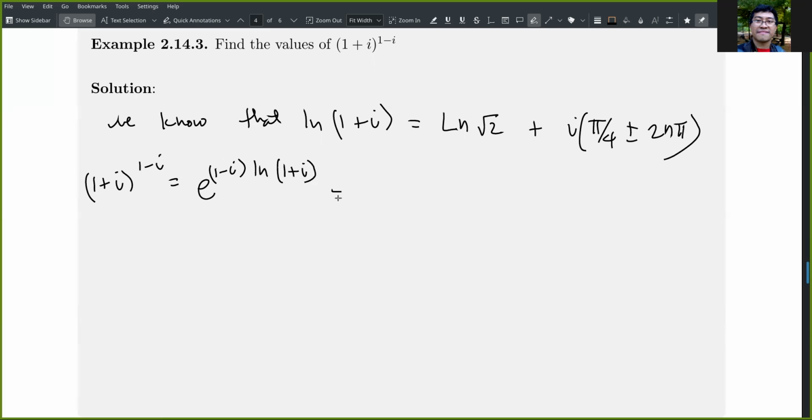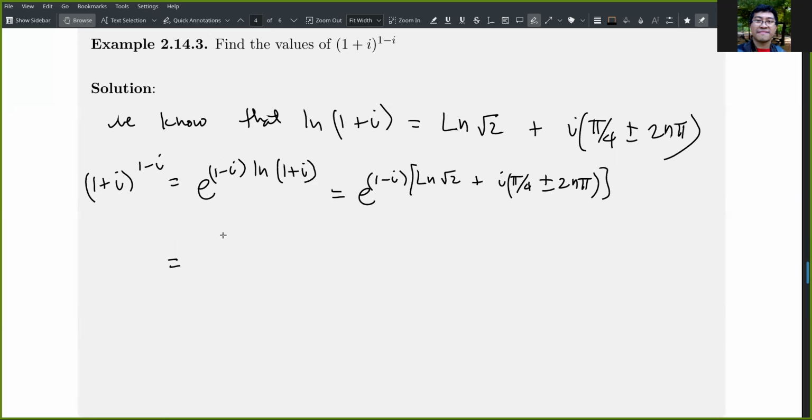Okay, this is equal to e to the power of 1 minus i times ln square root of 2 plus i pi over 4 plus minus 2n pi. And then next step, I will continue the equation here. So we just multiply minus i times this.